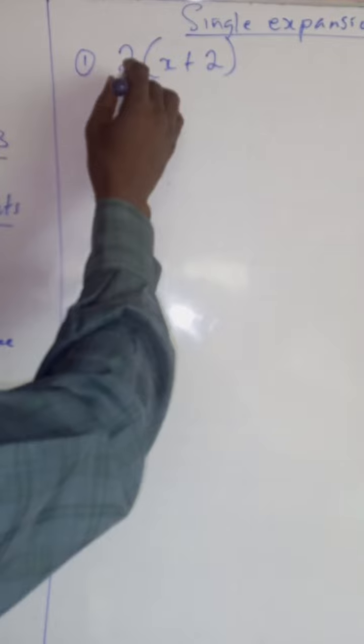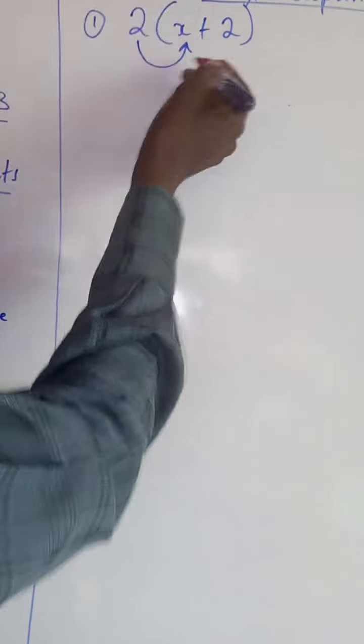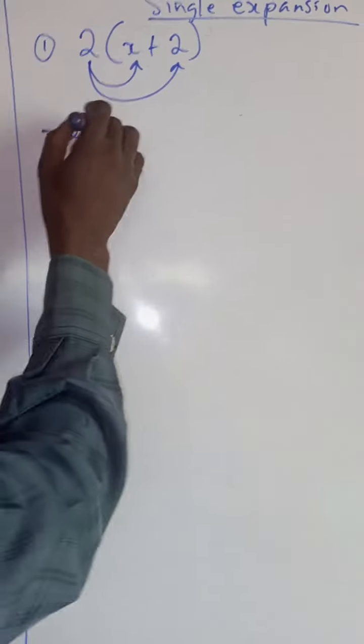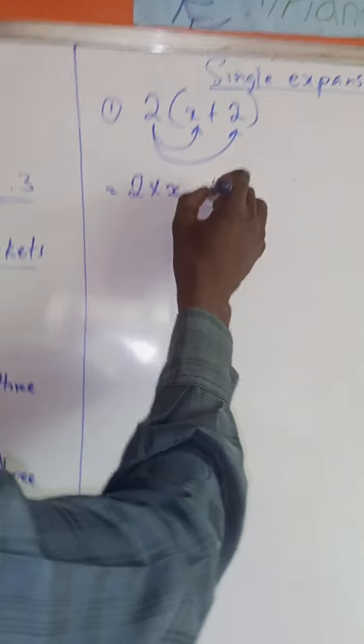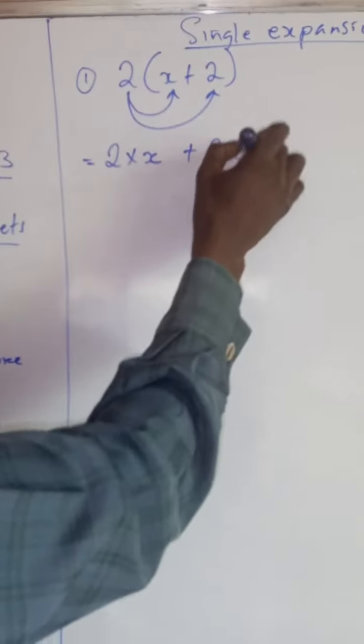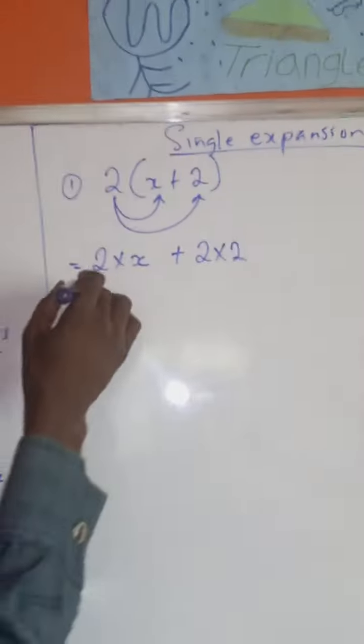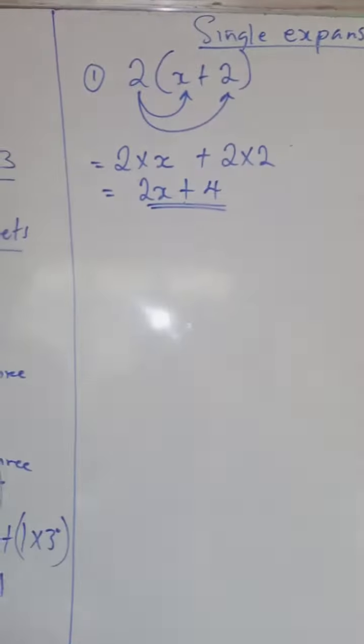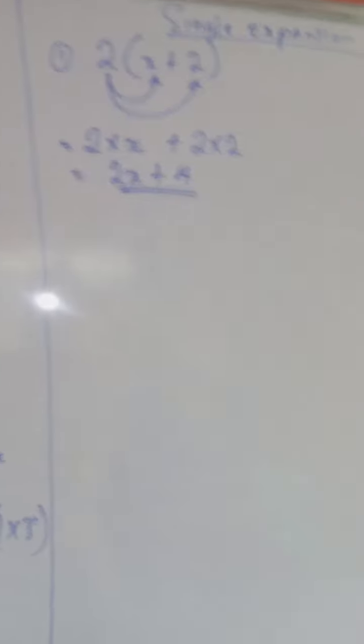So what I do is that this multiplied by this, plus the same this multiplied by this. This will now be 2 times x plus 2 times 2. And 2 times x will give me 2x plus 4. So that will be my answer. I have successfully expanded it.